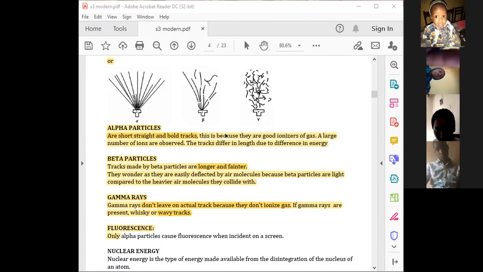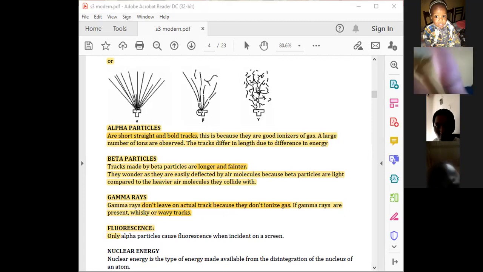It is because alpha is a good ionizer of air; even beta is an ionizer, but it cannot be as good as alpha. Lastly, these gamma rays are the worst ionizers.